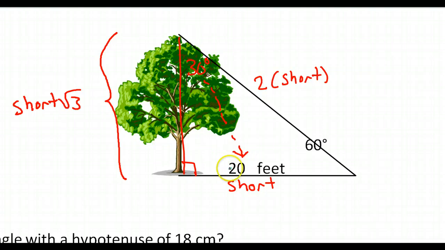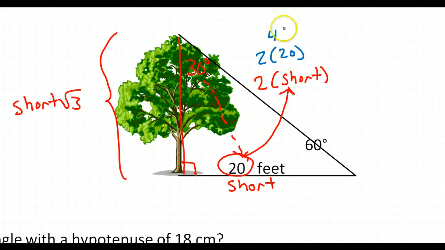Okay, we are given the short leg of 20 feet. So we should be able to just plug that right in here, which they probably don't even ask us that, but if they did, that would be 2 times 20, and that would be 40 feet.